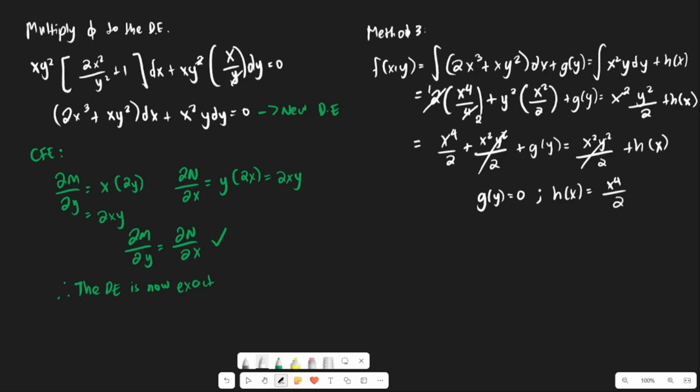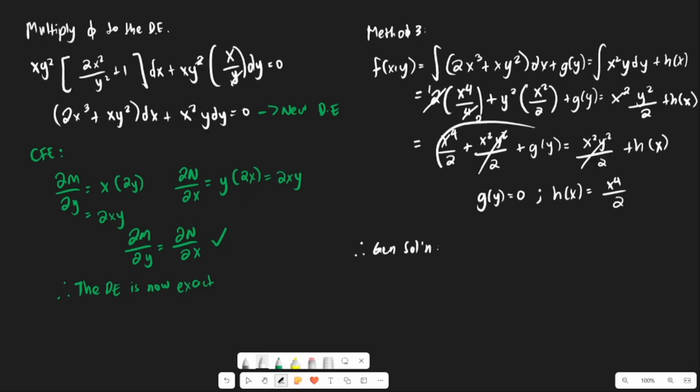Now that we have g of y and h of x, we can surmise the new f of xy. So this now gives us the general solution that we have.